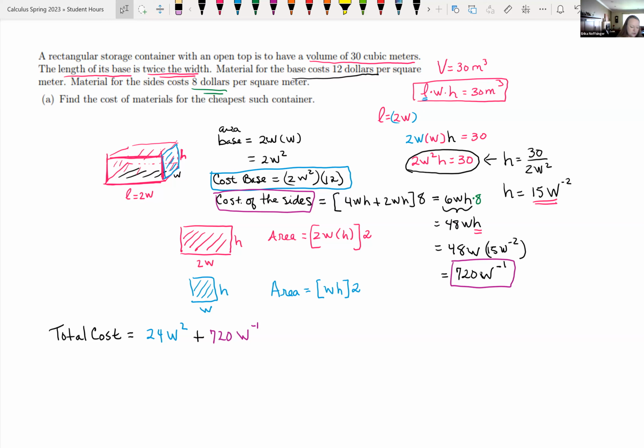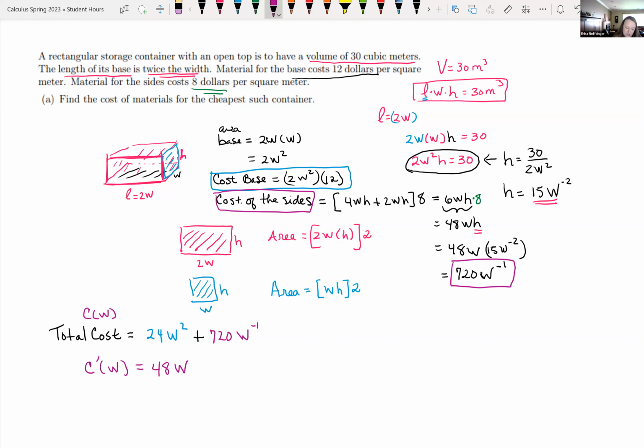Okay, so taking the derivative of the total cost, I'm going to call that C of W. This is in terms of W. So taking the derivative of that, we get C prime of W is equal to, general power rule, 2 times 24, so that's going to be 48. Subtract 1 from our exponent, so it's just W.